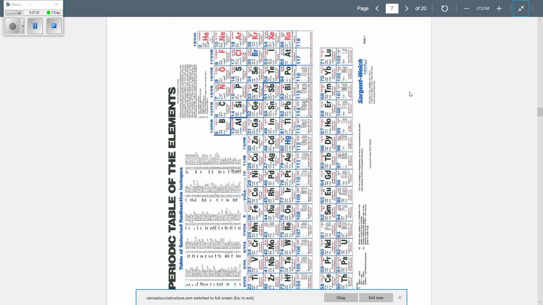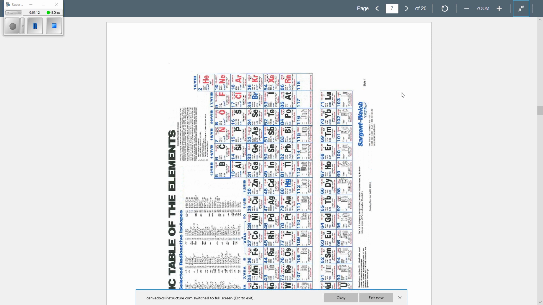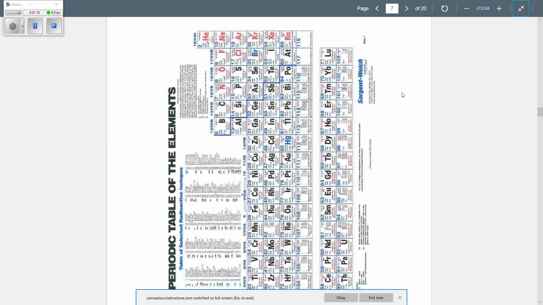You have to make a copy, because the next test, which will cover chapters 8, 9, and 10, will have at least 30%, maybe a little more, of the multiple choice questions requiring a periodic table. So I'm going to ask you a lot of questions. Make sure you make a copy of this first.